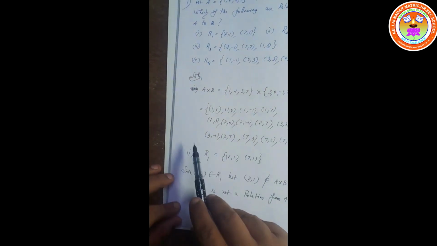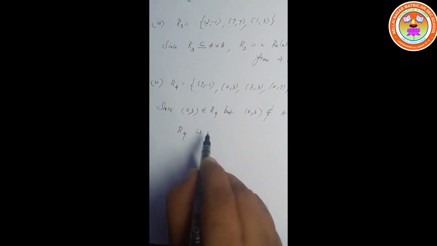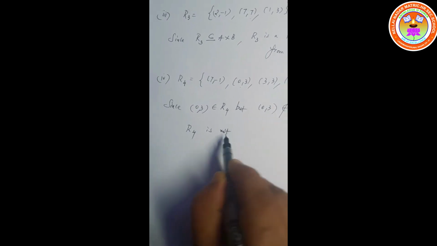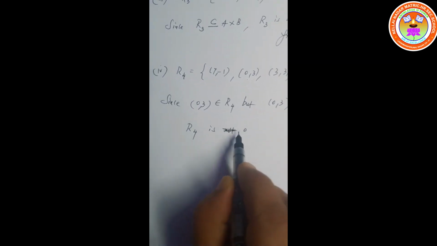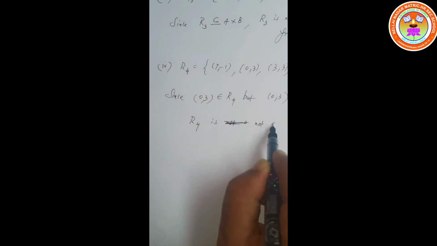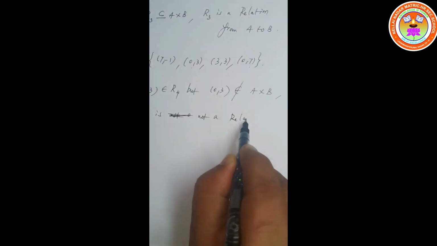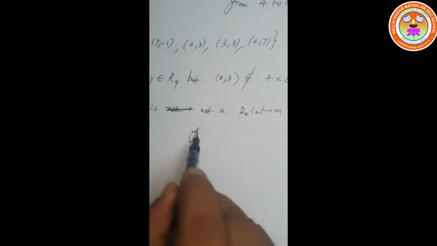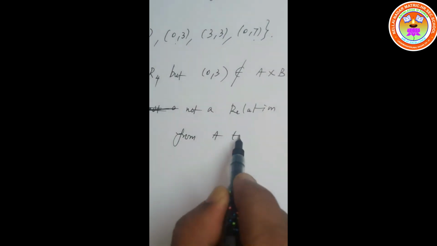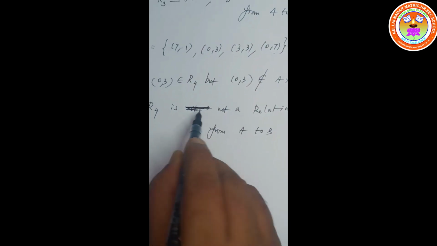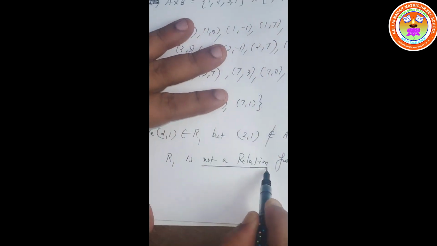Can verify once again. (0, 3), look at A cross B, correct? No (0, 3) over here. Straight away write: R4 is not a relation from A to B. So first subdivision, not a relation.